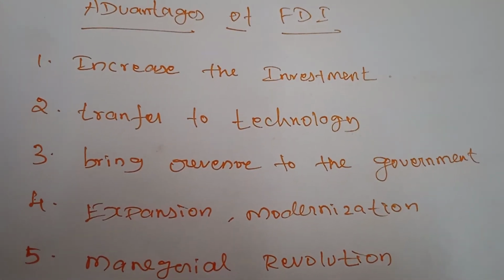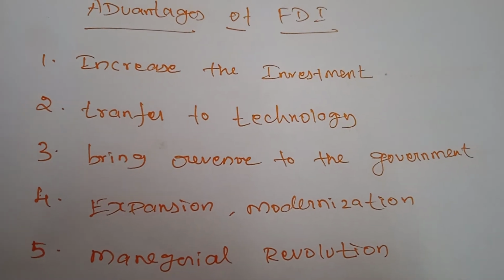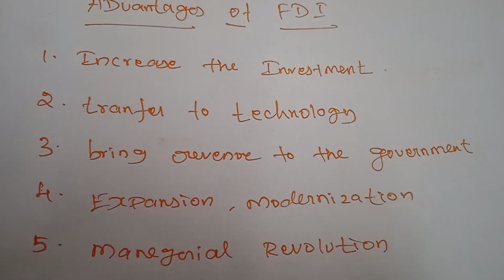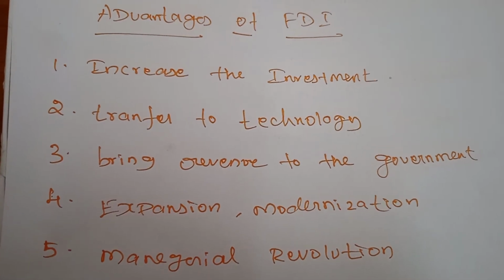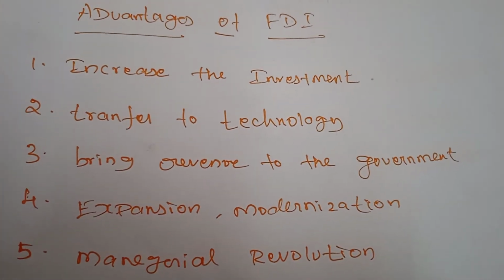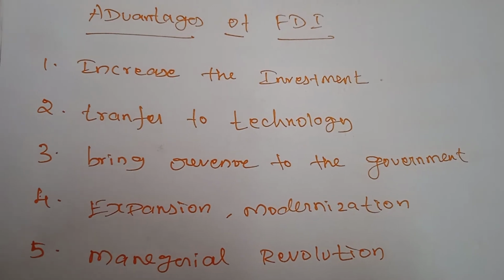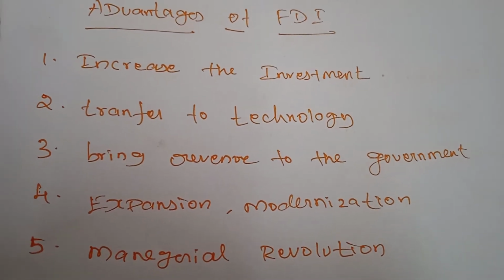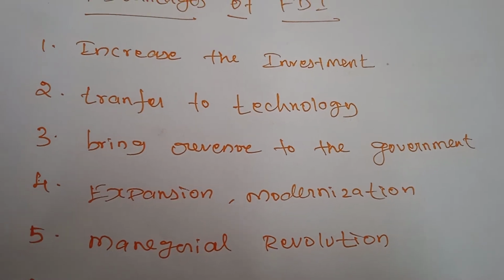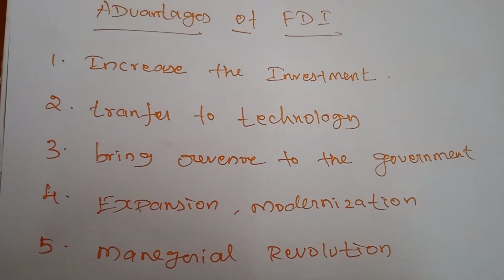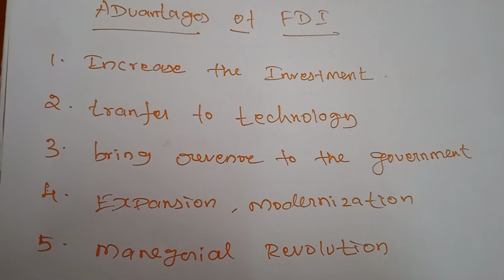Next, transfer of technology. Direct foreign investment may facilitate the transfer of technology to the recipient countries. Even if we consider our nation a developing nation, even underdeveloped countries will have the possibility to get more technologies.